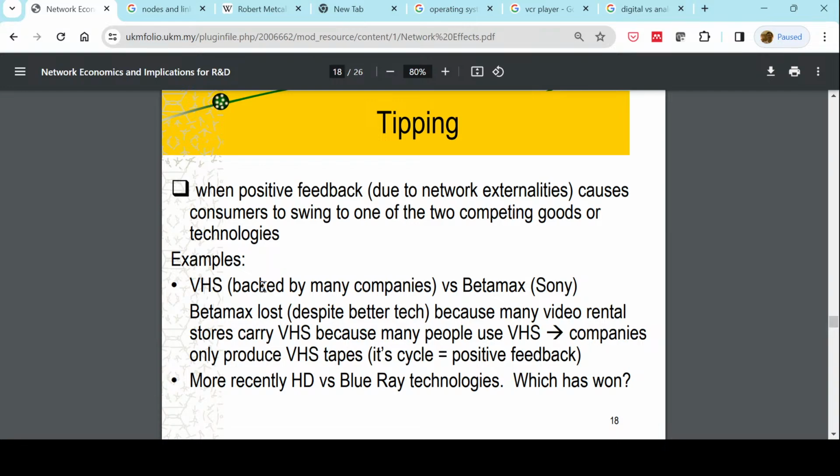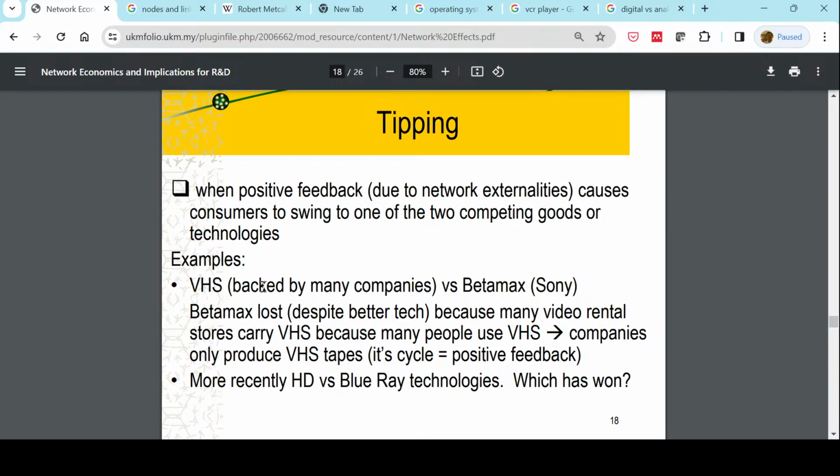Railroad, Malaysia and Thailand, the same size, the same width. If you have a Betamax VCR player, you cannot use VHS tape. If you have a VHS video cassette recorder player, you cannot use Betamax tape, not compatible.